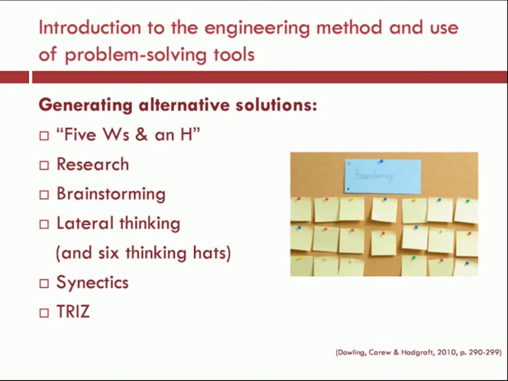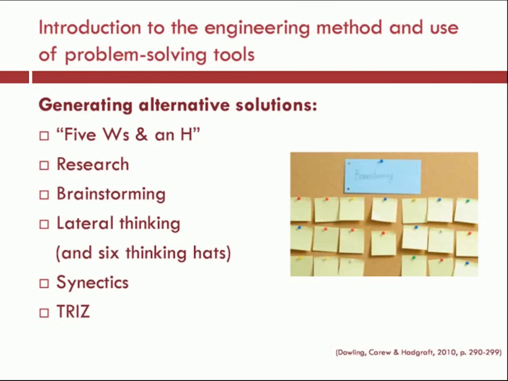So the importance of research, both that which we undertake ourselves, primary, or drawing upon work that's already available either online or through other sources, books, libraries, and so forth, is to get a thorough understanding of the project that we're faced with.